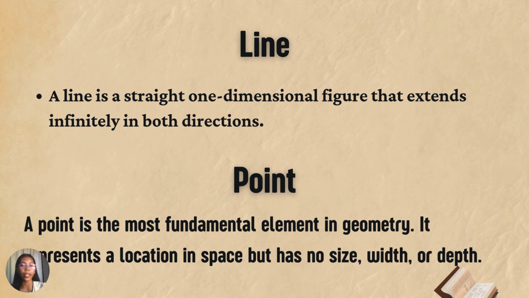Even though a point has no dimension, it helps define shapes and position. Examples of points in real life are the tip of your pencil touching the paper and the end of the ruler.